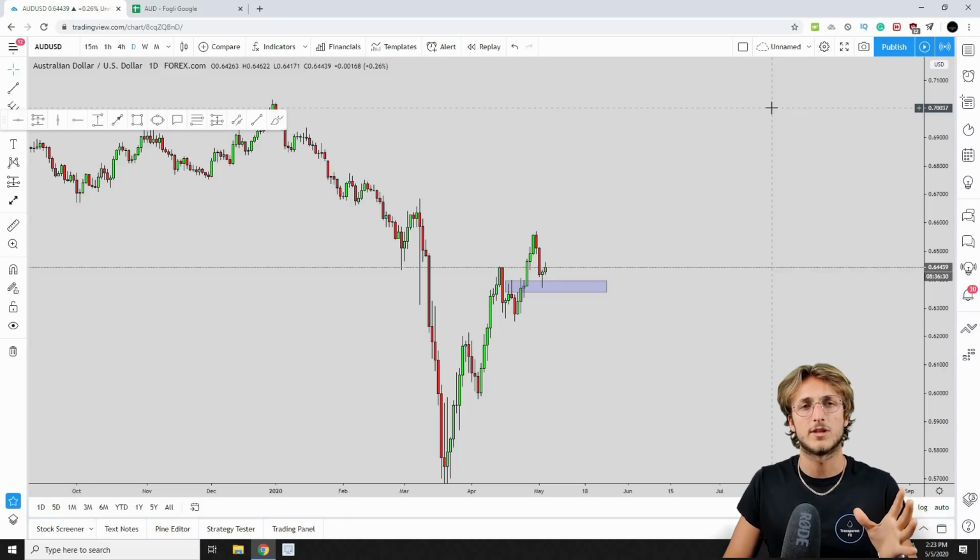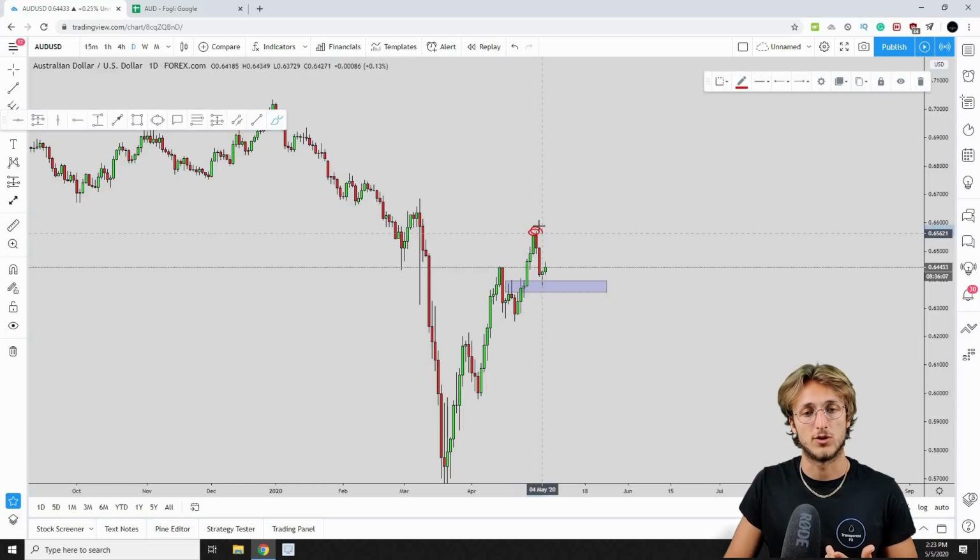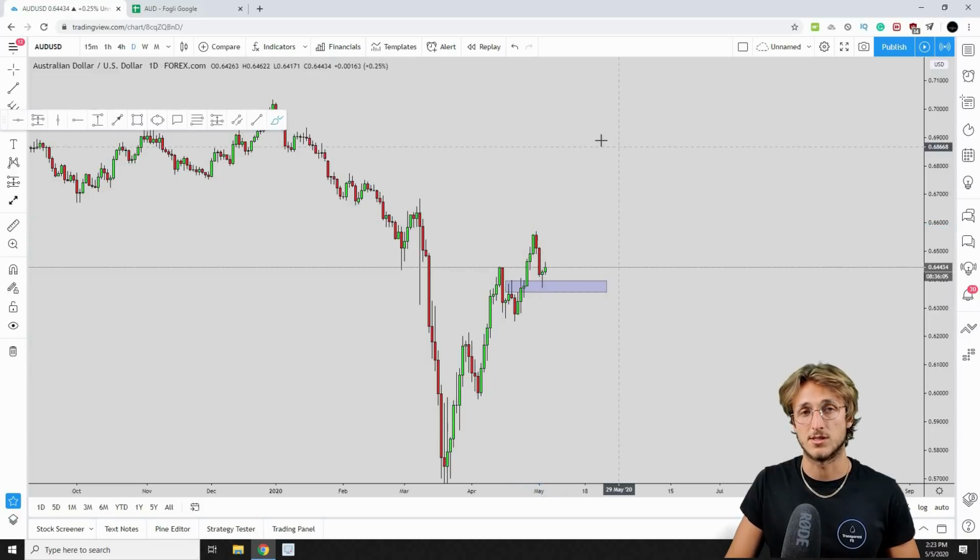Okay, when different time frames are not showing the same direction, it is a problem because you don't have good probabilities for either a push to the upside or to the downside. Therefore, it's better to stay on the sidelines in those kinds of situations, which is the situation that we have at the moment on AUDUSD. This was a very nice opportunity to capitalize on the pair for this move to the downside if you found a good entry on lower time frames inside of that zone.